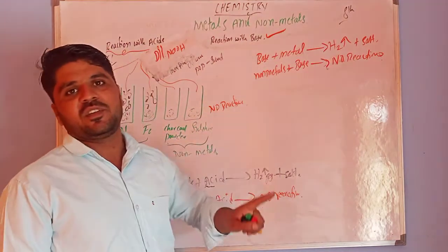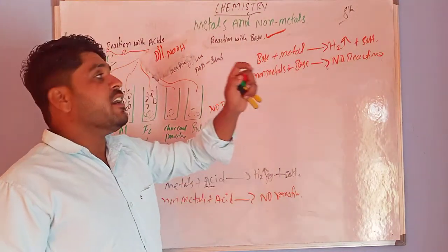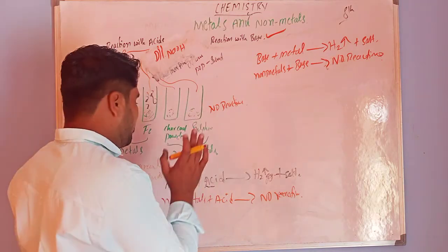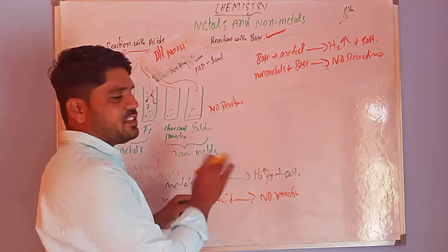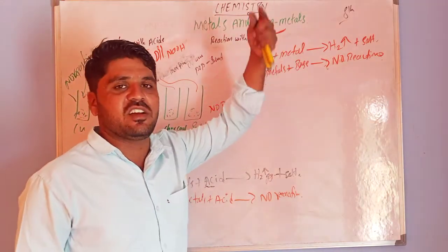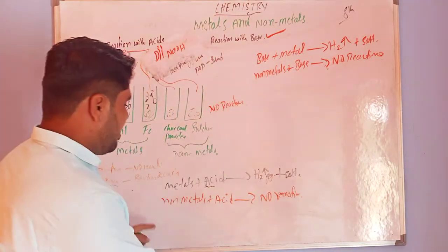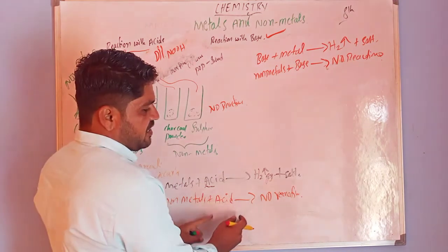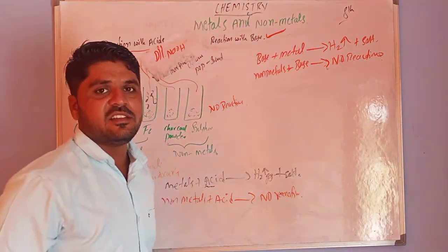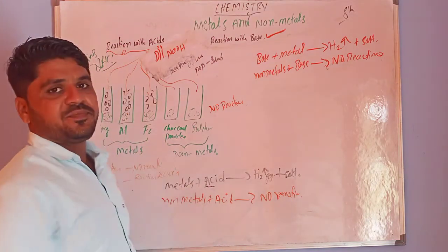Please remember, you will study this in detail in the 10th class. Just remember, when metals react with acid, they produce hydrogen gas. When bases react with metals, they also produce hydrogen gas. When non-metals react with acids, no reaction. Non-metals with bases, no reaction. This is our concept.